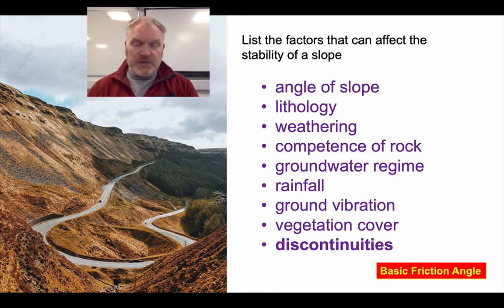Beyond that angle, if it's steeper than that angle, the slope will fail. If it's lower than that angle, the slope is stable. It brings together lots of these different factors in a simple measure. Let's try and put this into practice.